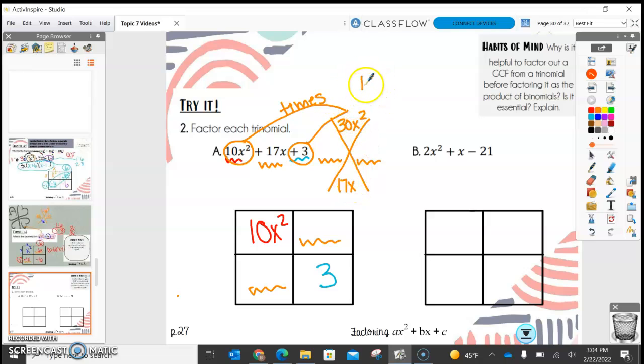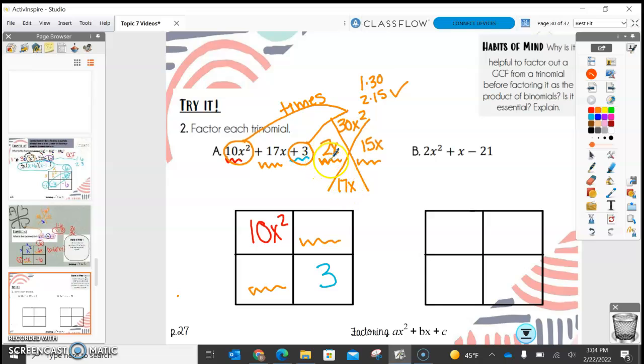What multiplies to 30? 1 times 30, 2 times 15. Oh, wait, right there. What's 2 times 15? Well, I get 30 when I multiply, but 2 plus 15 would be 17. Let's write it. We have a 2x and a 15x. That does multiply to 30x squared, and 2x plus 15x adds to 17x.